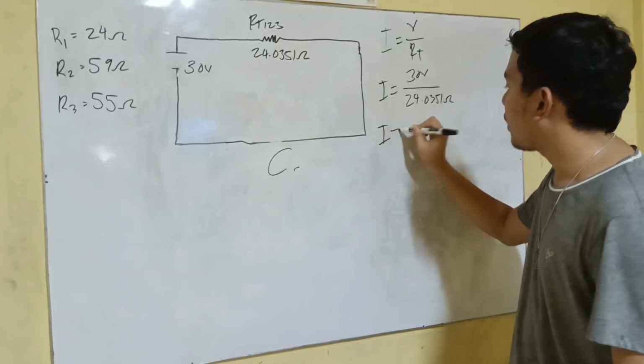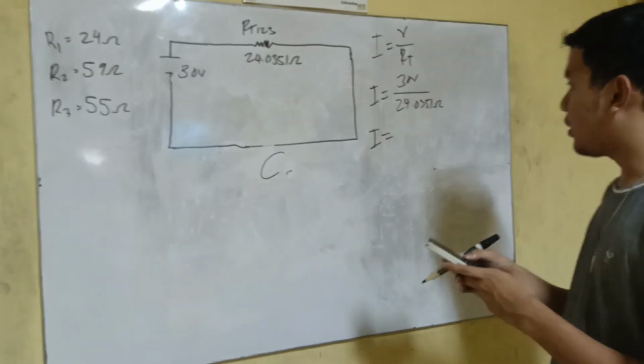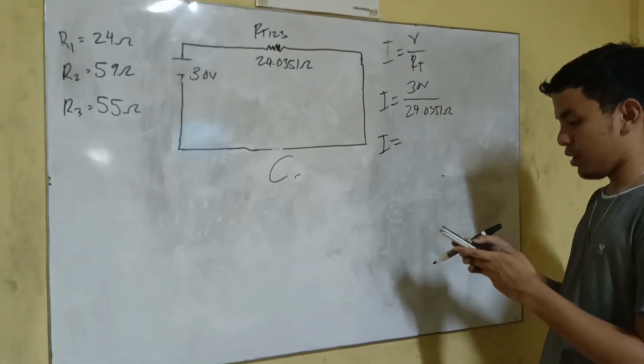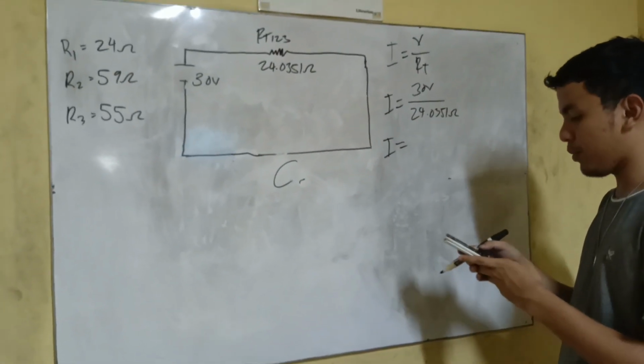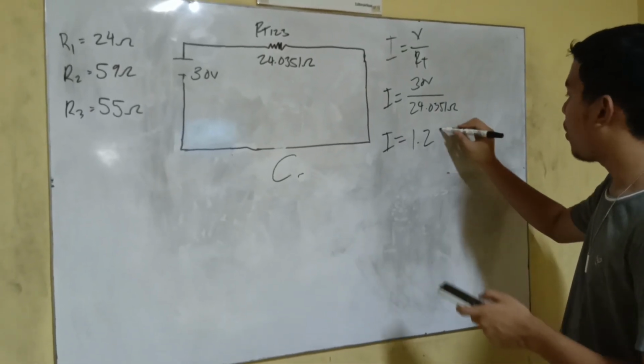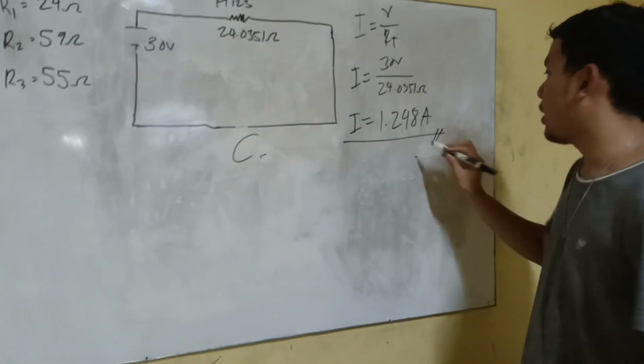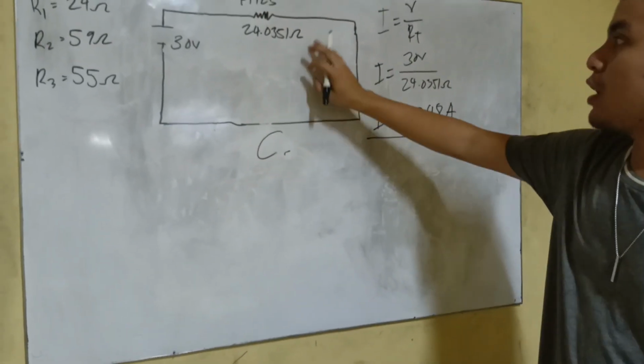So our current is 30 over 24.0351, which equals 1.248 ampere. This is our current total of this problem.